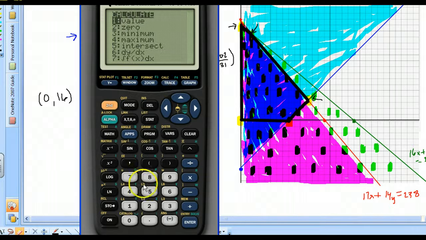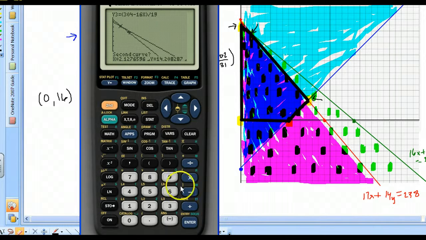I'm going to highlight intersect, option 5. First curve is this line, the one with the 17 and the 14. Second curve, that's the other line with the 16 and the 19, and it looks like they intersect about right there. Now, it's going to give you these decimals. Once it returns the decimals, hit second mode to go back to the home screen, and you want to know what x is as a fraction.